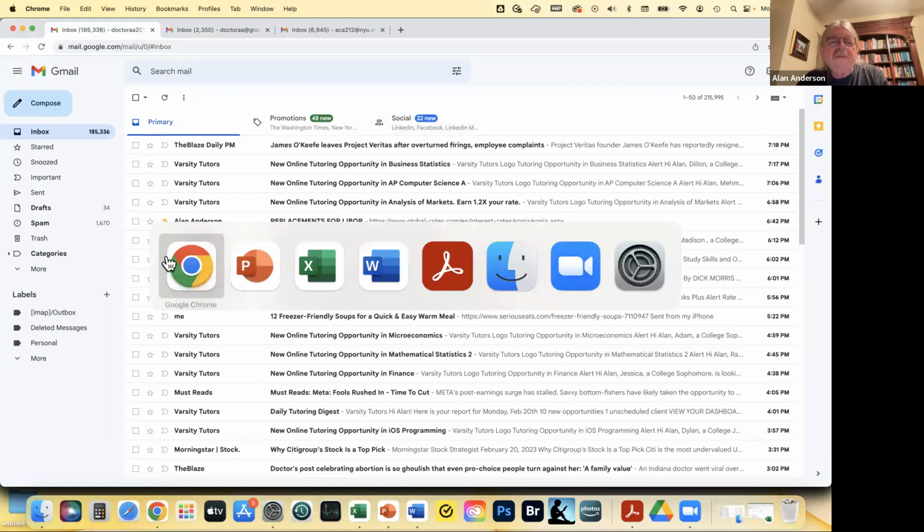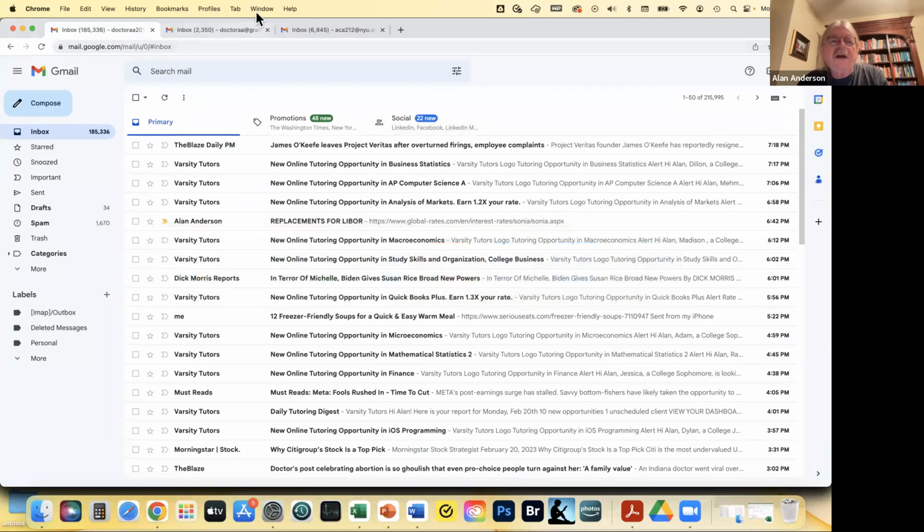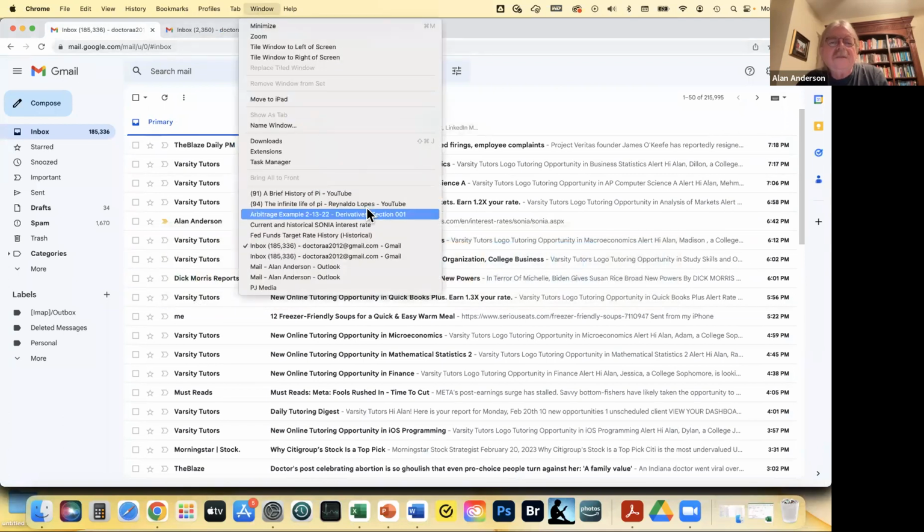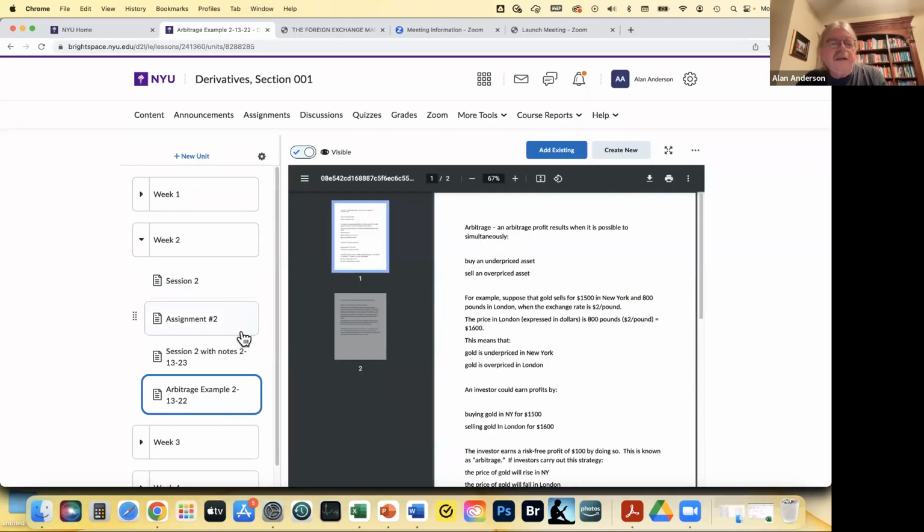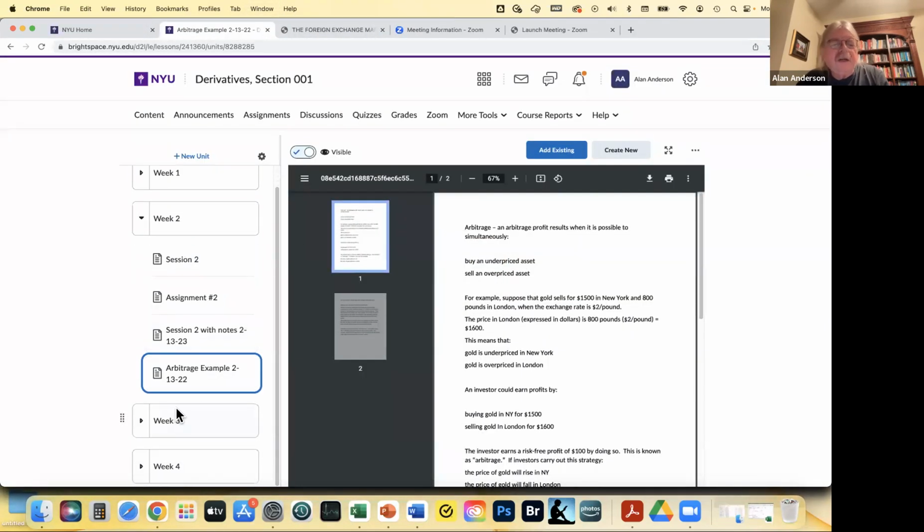I'm still getting used to the Mac, how they hide all these websites. Oh, there we are. Okay, so let's look at the template for assignment 3.